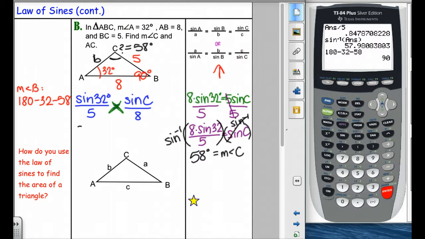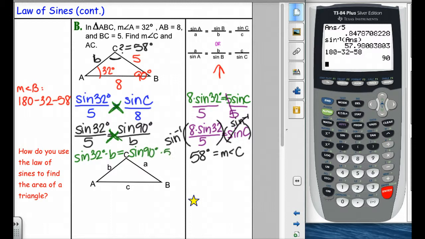I still have the sine of 32, or the sine of angle A, over 5, and that's going to be equal to the sine of 90 degrees over my B. So when I cross multiply here, I get the sine of 32 times B is going to equal the sine of 90 times 5.